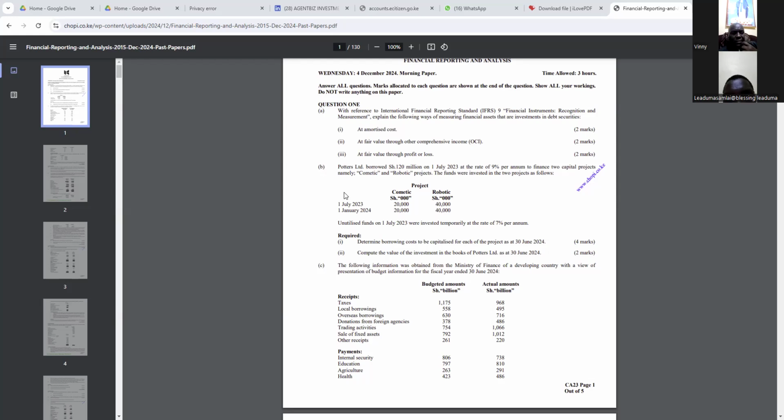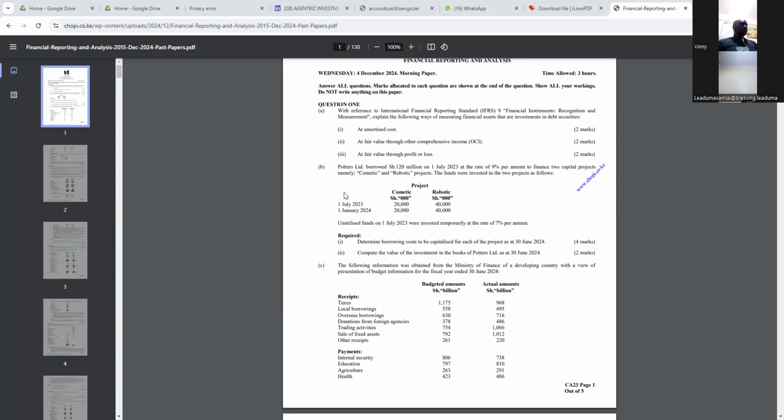We have also been told that unutilized funds on 1st July 2023 were invested temporarily at the rate of 7% per annum. So any funds available after spending on the projects were put in an investment, which was bringing 7% per annum as income.